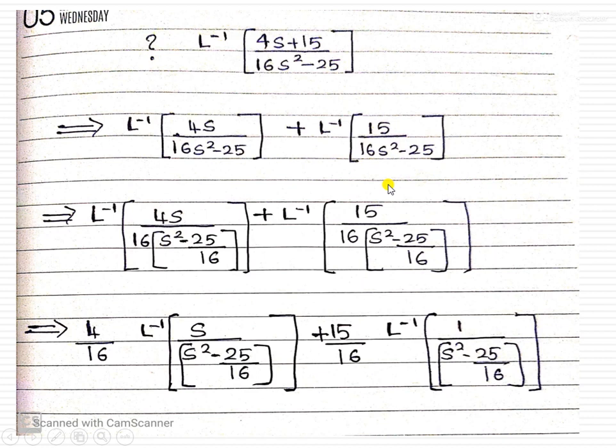That can be written as the inverse Laplace transform of 4s by 16 into (s squared minus 25 by 16) plus the inverse Laplace transform of 15 by 16 into (s squared minus 25 by 16). By taking 4 by 16 outside, that is 4 by 16 inverse Laplace transform of s by (s squared minus 25 by 16) plus 15 by 16 into the inverse Laplace transform of 1 by (s squared minus 25 by 16).